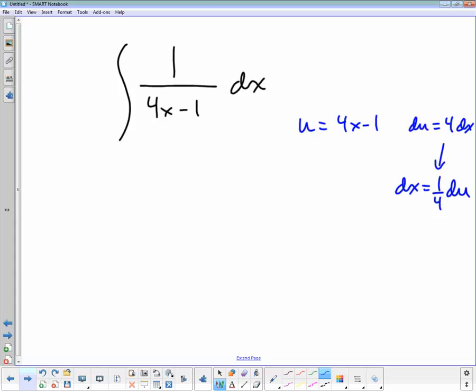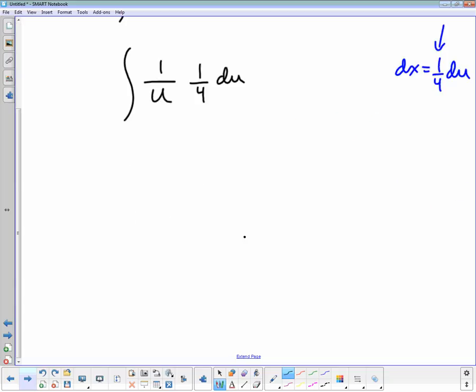That 1/4 has to be in the game. So this becomes the integral of 1 over u, and dx is 1/4 du. Okay? So straight substitutions are really nice. Sometimes they definitely clean up the problem, and we wind up with something not so bad.